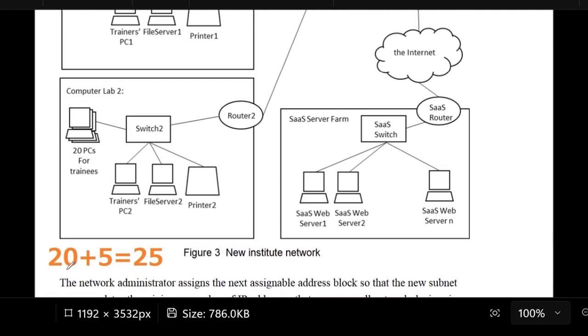Okay, here I put the number of computers and devices that would have an IP address. We know that we'll be adding 20 PCs for trainees, and then we have these devices here, which I counted to 5, and so we have 25 devices, including the PCs, that would need an IP address.